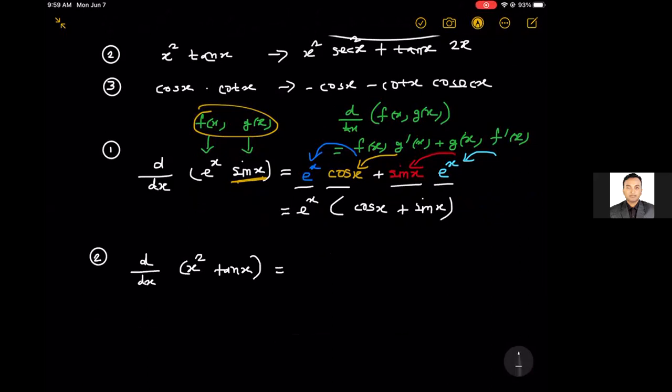Because if I add more arrows, this might look clumsy. So instead, I'll be using these same colors for the same work, so that you can match what's going on and you can match it with the formula.